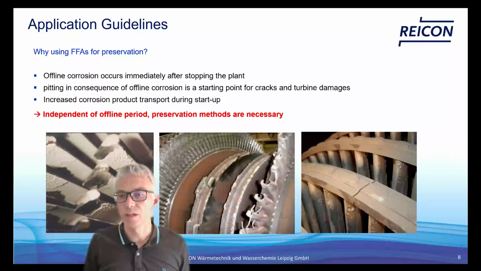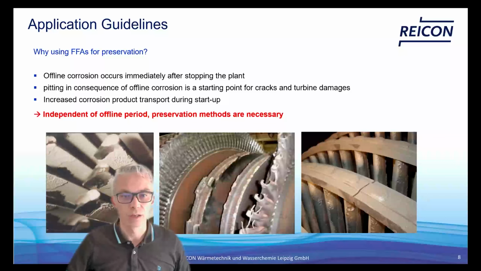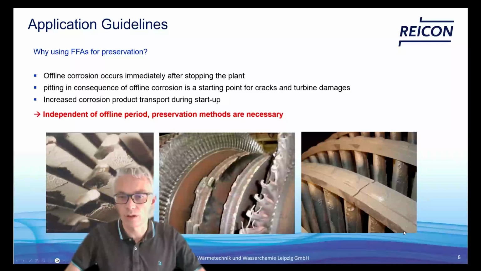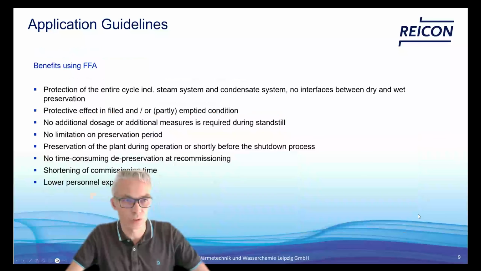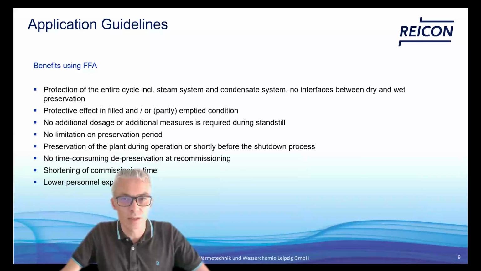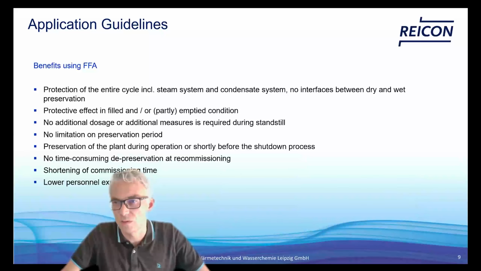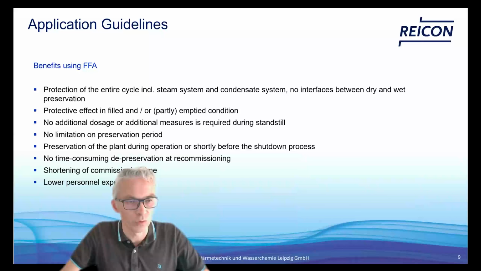For this reason, film-forming amines can be very helpful, because they protect the system independent of the offline period, and also are working immediately after the start. Also, they are steam volatile, so you protect the whole system. You have no interfaces between a dry preservation, for instance in the condenser or the steam turbine, and a wet preservation for the feed water system.